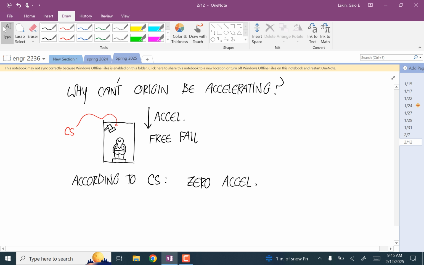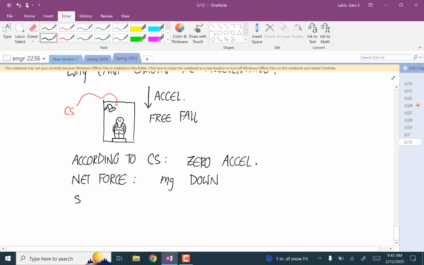But we know that the net force on the person is mg down. Okay? So Newton's second law doesn't appear to hold in this coordinate system. Are you with me on that?